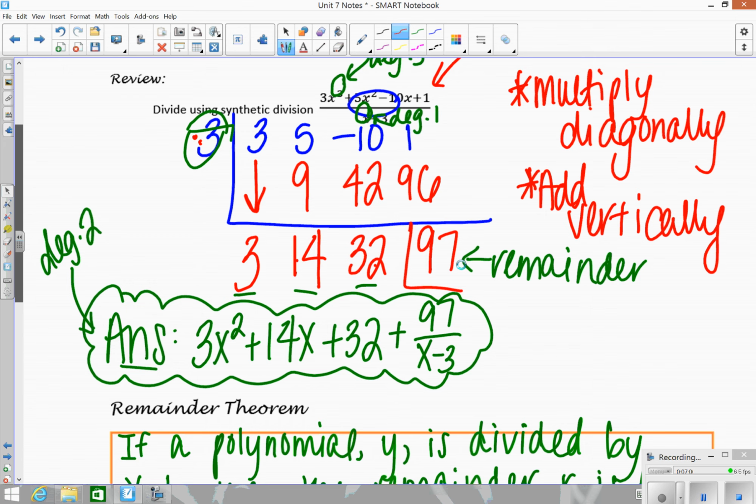If you get 0, like in this example, that means x minus 3 goes into this polynomial. It also means that x minus 3 is a factor of that polynomial.